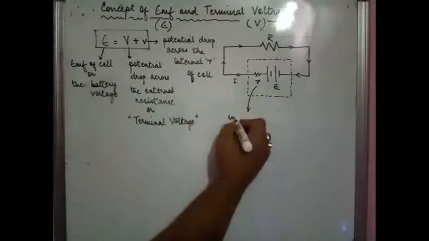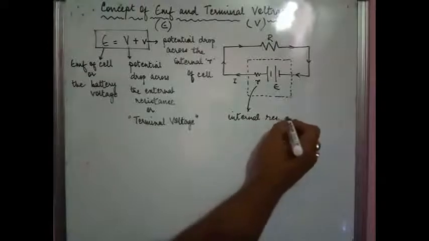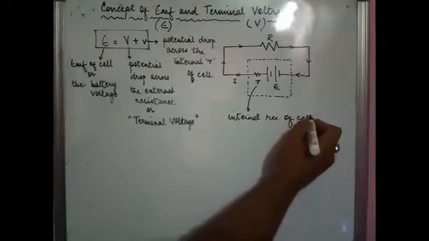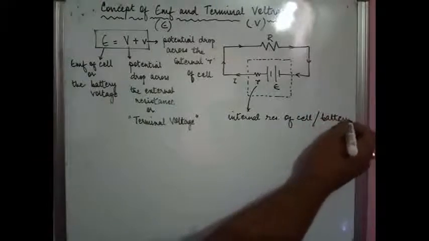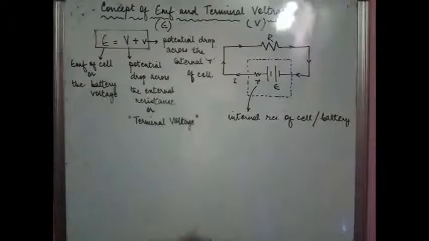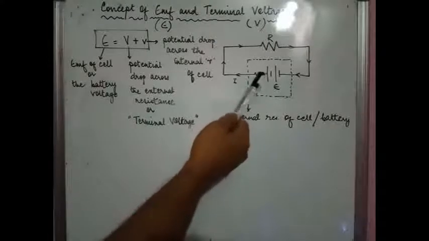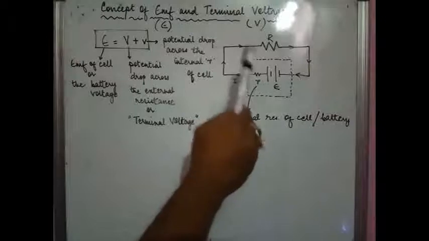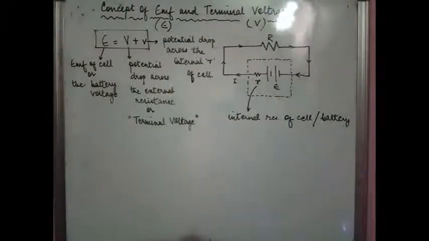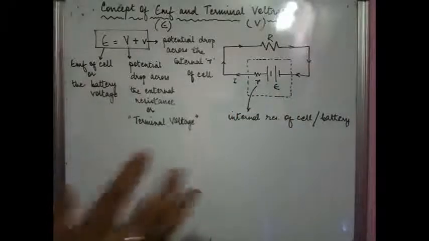You can simply write this down like that, because you always have some resistance or the other acting in the external circuit, as well as internally in the battery. Although this r has been shown separately in the circuit diagram, you can assume that this internal resistance is that of the battery itself. That is why this whole portion has been put under this dotted square.